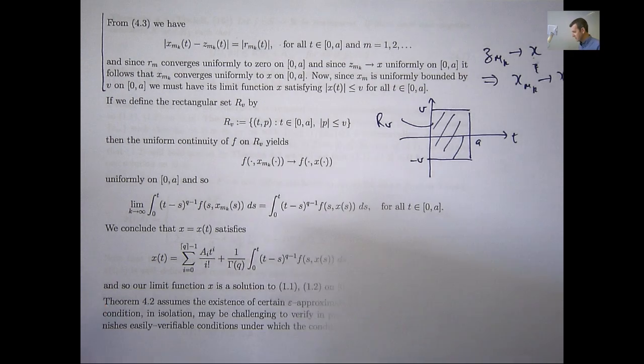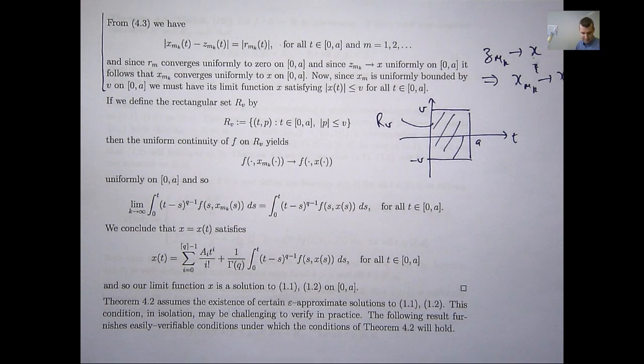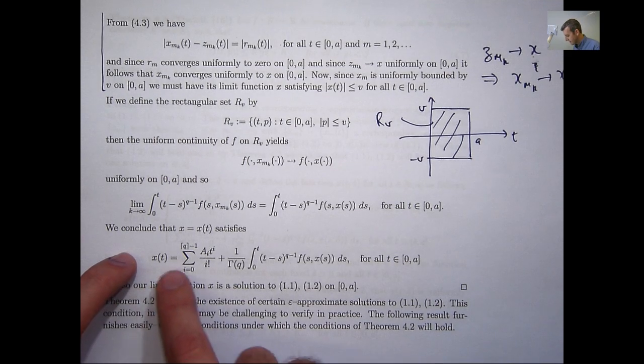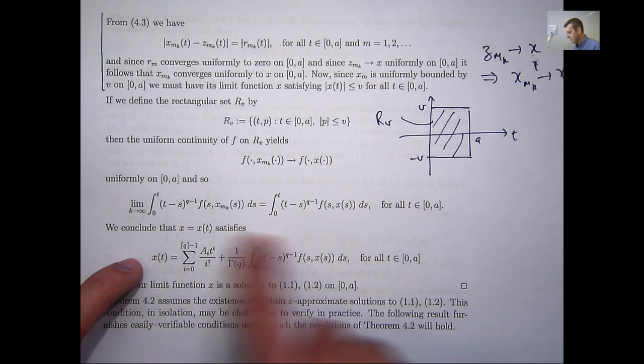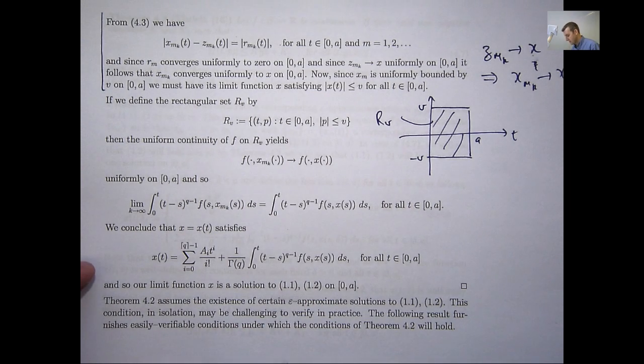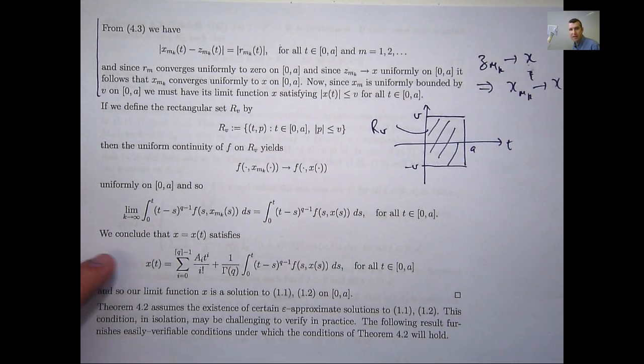Okay, so what does that mean? Well, essentially, we know that our limit function must satisfy the following, and by lemma 2.1 we know that every solution to this problem must also satisfy our original problem, equation 1.1, 1.2.